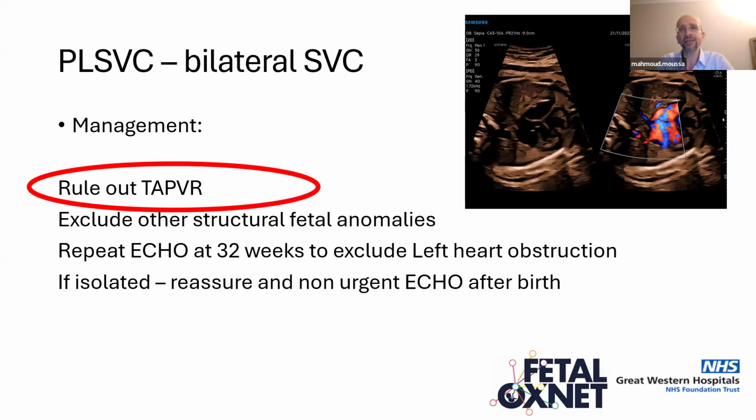If you can see one entering the left atrium on both sides, and as Lashell said in her nice, lovely presentation, use your Doppler. So if you want to see those vessels, these are slow vessels with slow flow, so you can use your power Doppler, or you can reduce your PRF.